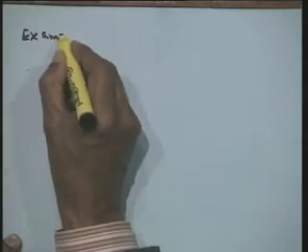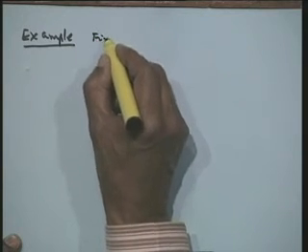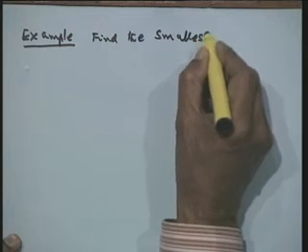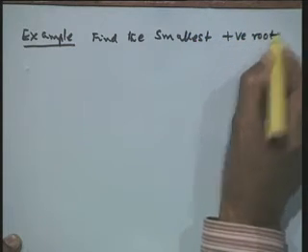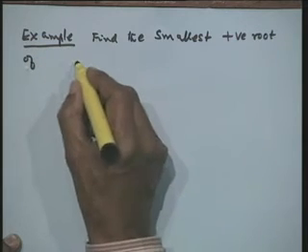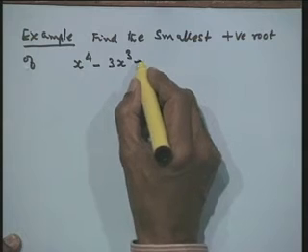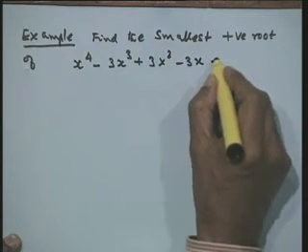Now, let us take an example on this. Let us find the smallest positive root of x to the 4 minus 3 x cubed plus 3 x squared minus 3 x plus 2, using the Bairstow-Vieta method.